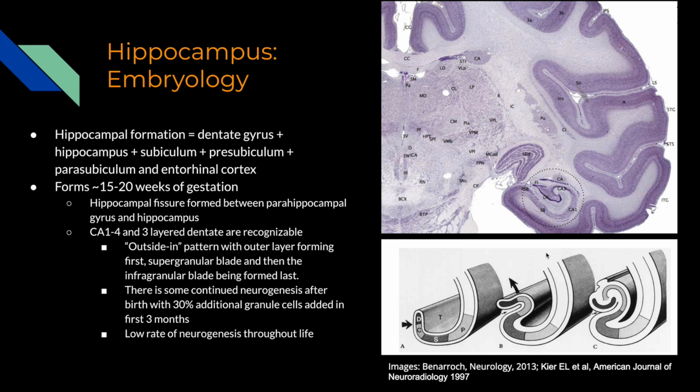I also like to know the embryology of structures, just because it helps put things into perspective. We learned earlier that the majority of the neocortex is formed by radially migrating neurons that come from the ventricular zone and migrate out to the cortex.